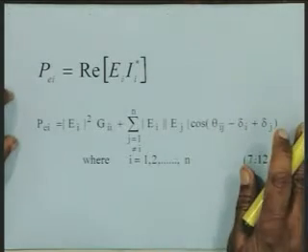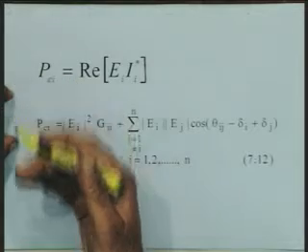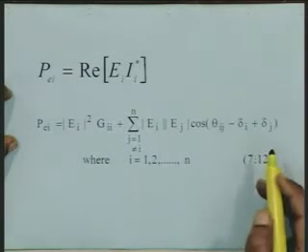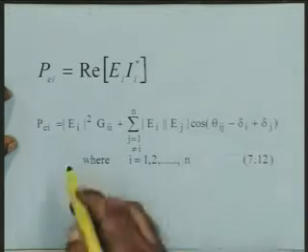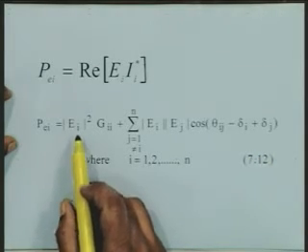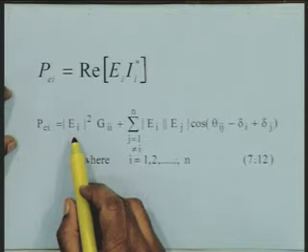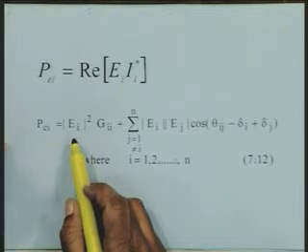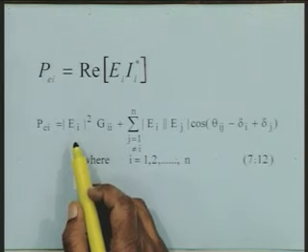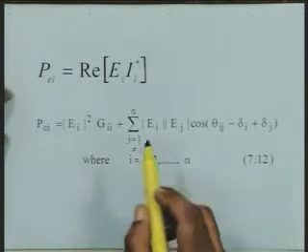This is a very important expression, and for an n machine system we will get n such equations. Now, if you look at this expression carefully, you will find that this depends upon the magnitudes of all the voltages which are known to us. They remain constant during the transient stability analysis, that is during the transient period.